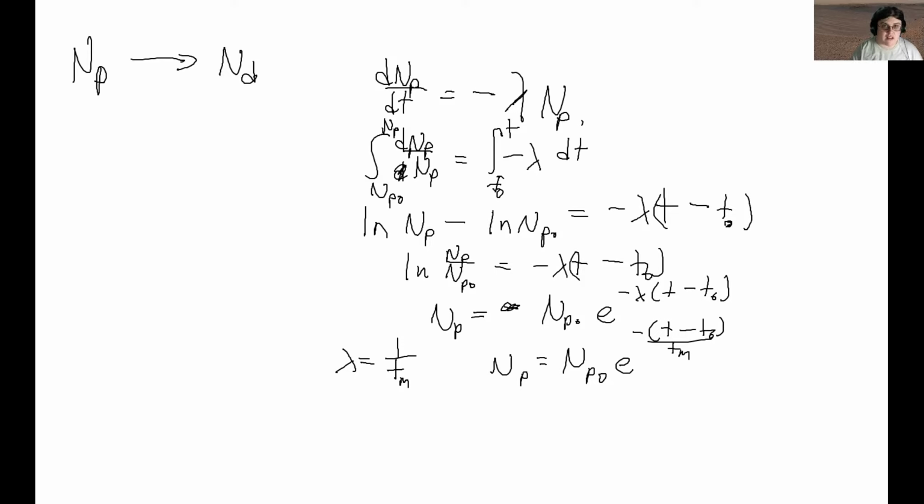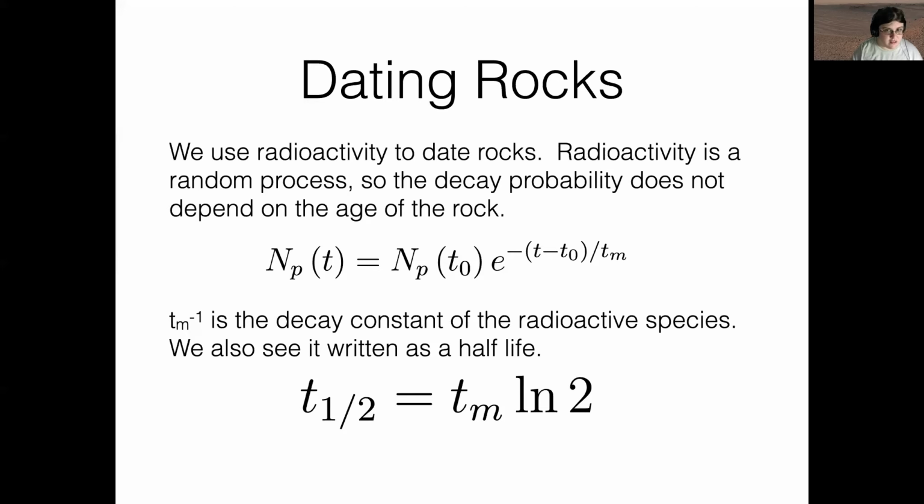Back to Keynote. So there's our equation. My notation's slightly different here. So the number of parent atoms at time t is the number of parent atoms at time t0 times e to the negative change in time, t minus t0, divided by that T_m.